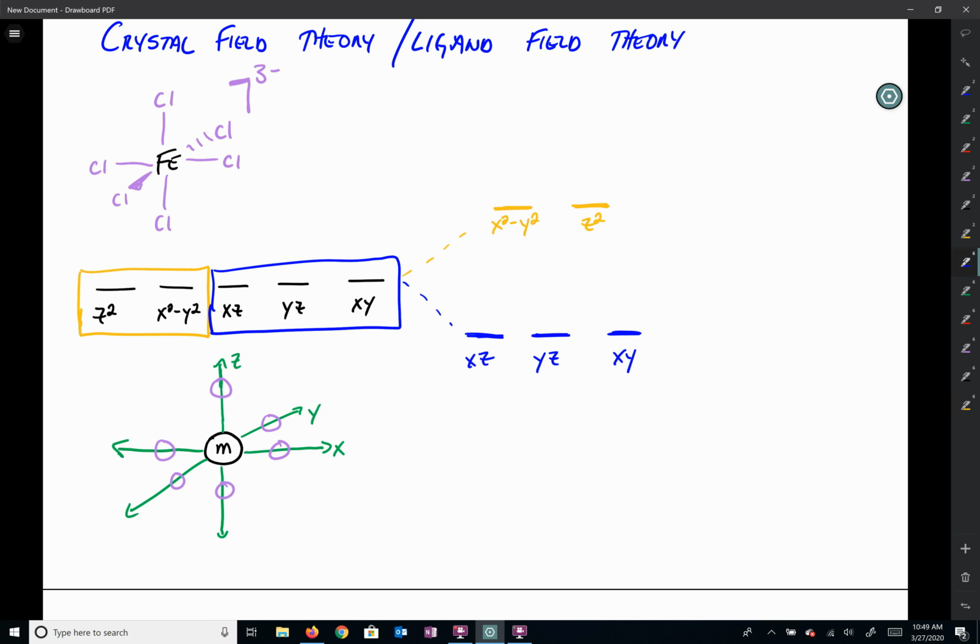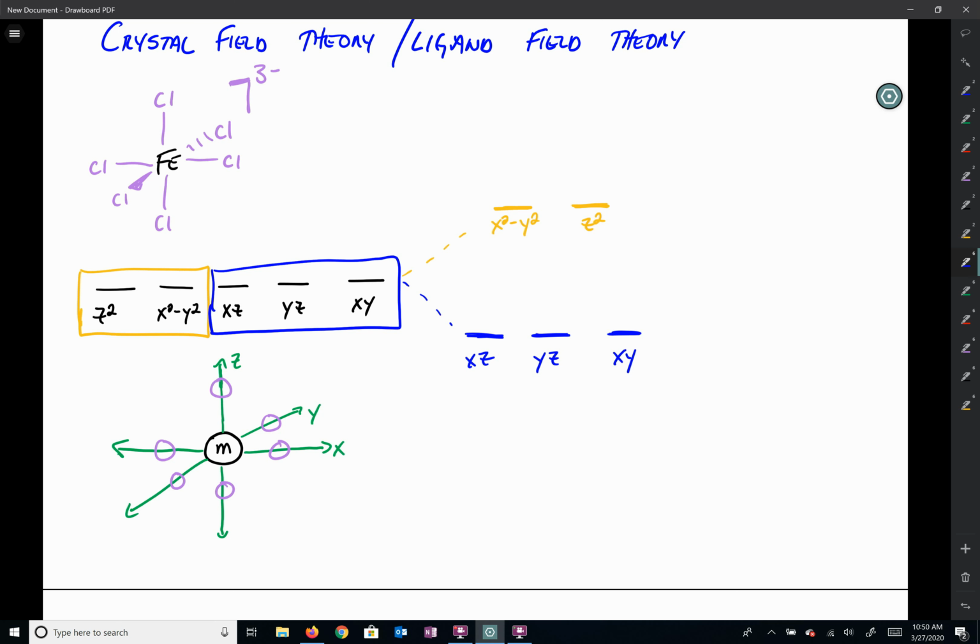Now we're making a couple assumptions here, right? We're assuming that we're bringing negative things together, and when you bring negative things together, the electrons on the iron and the electrons on the chlorines are going to repel. So let's push the yellow set of orbitals up, and if we're not doing that repulsion, then the blue can go down in energy, okay? This is the essentials of crystal field theory.